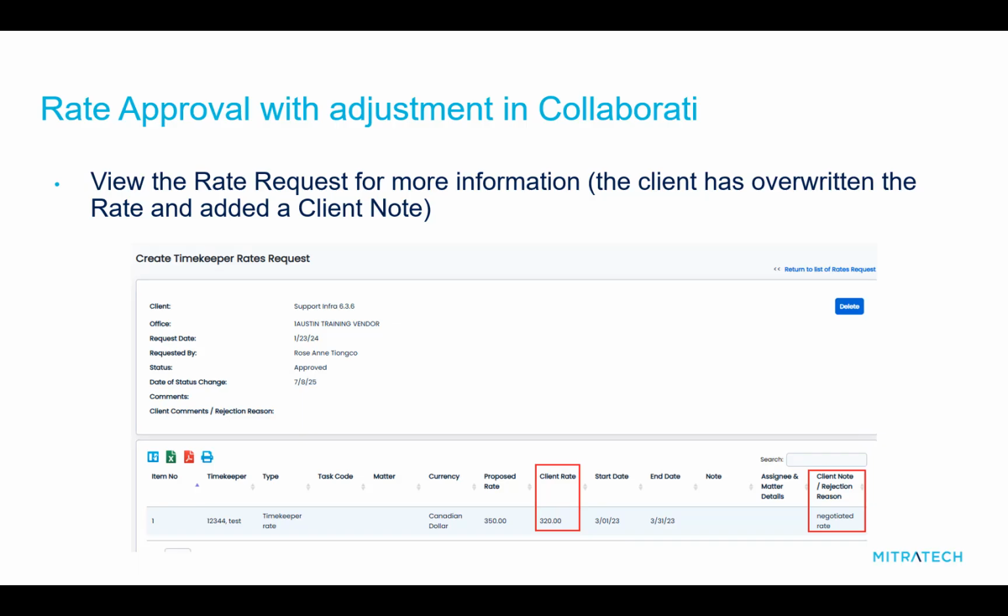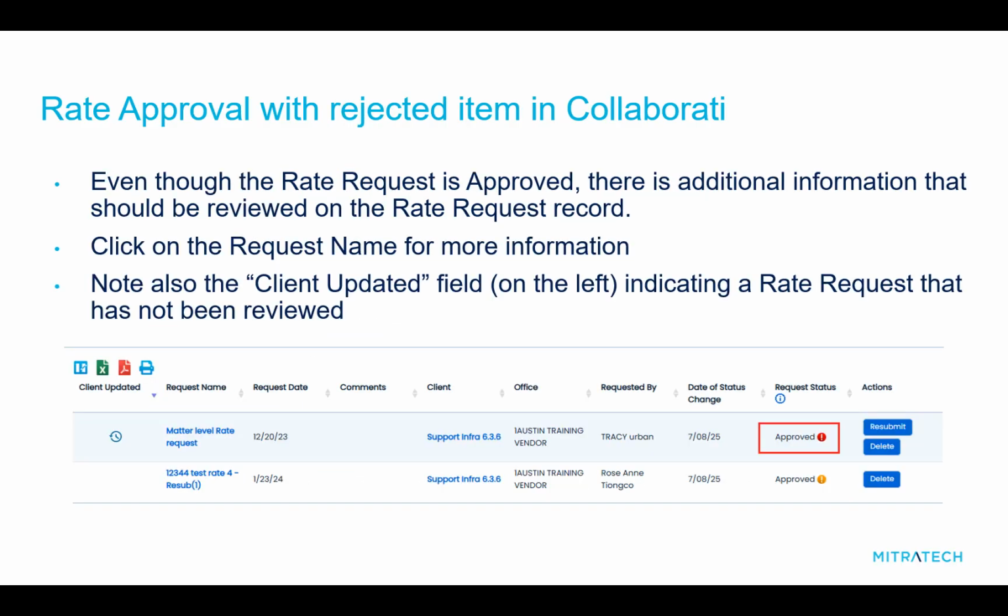This rate item has been adjusted. And the status of the rate request is approved in the top. Even though the rate request is approved, there's additional information that should be reviewed, the rate request record. This one has a rejected item, and you can see that the icon is slightly different than the adjusted item that we just reviewed.